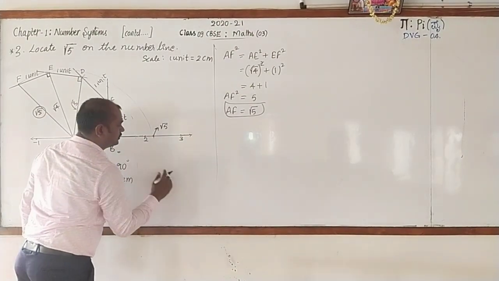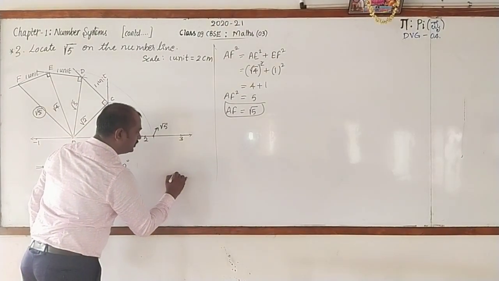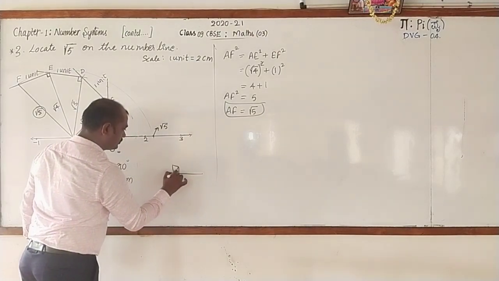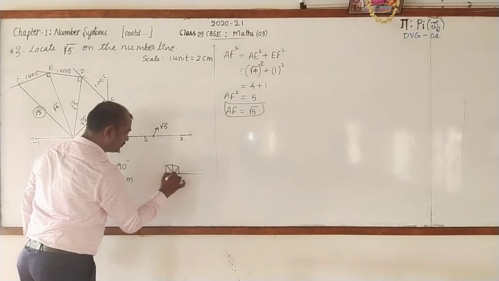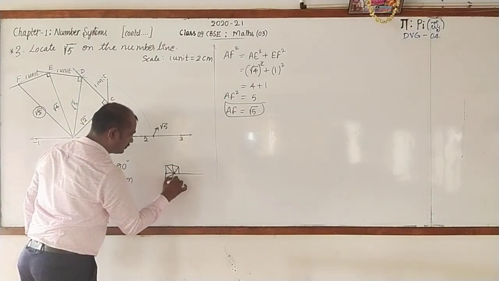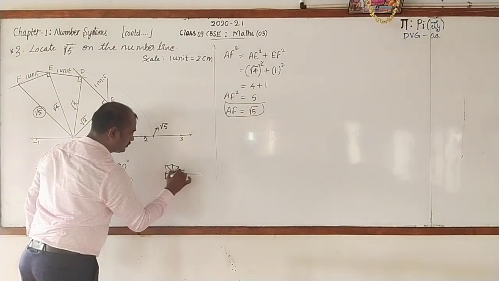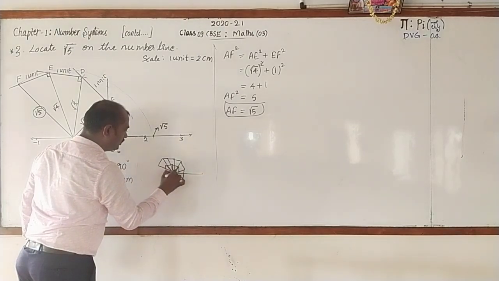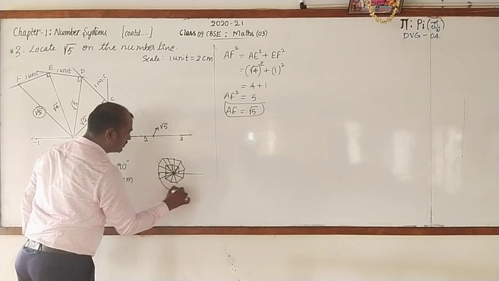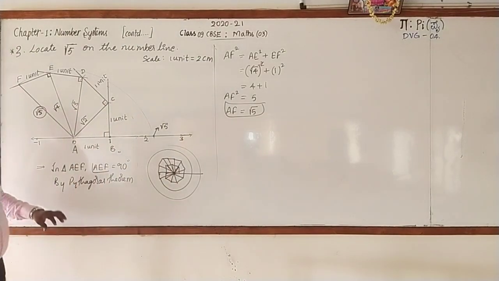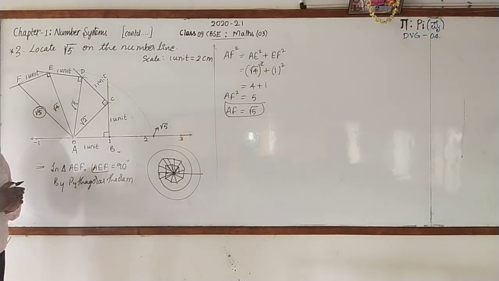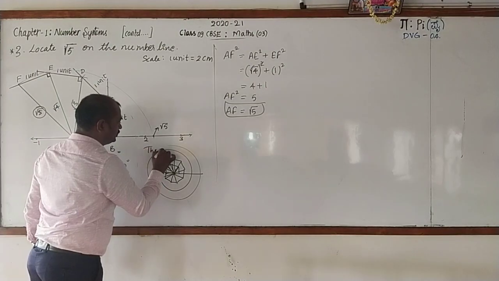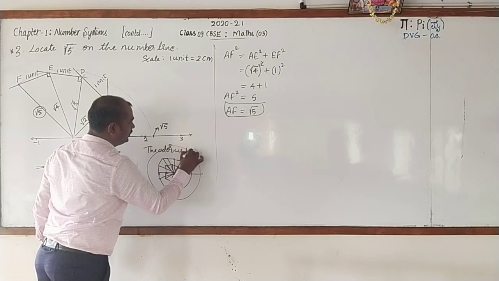Just I will show them. Here, see that? In this way, if you go on continuing this, you will get a spiral like structure, and this is known as Theodorus wheel.